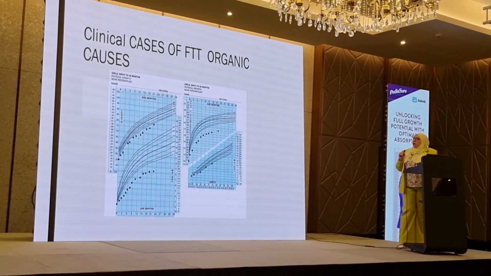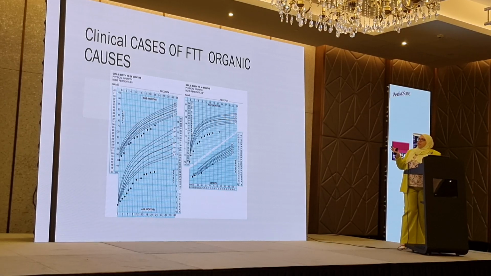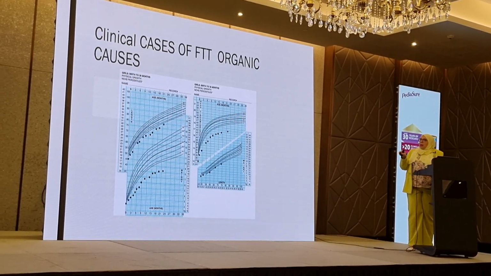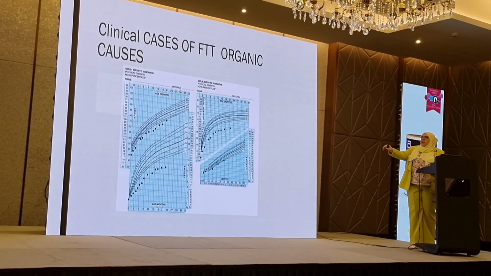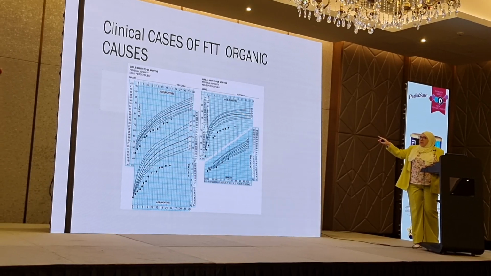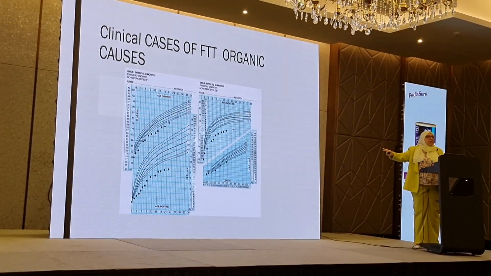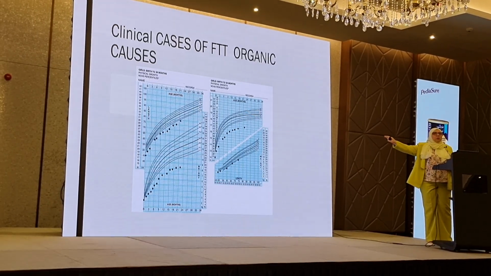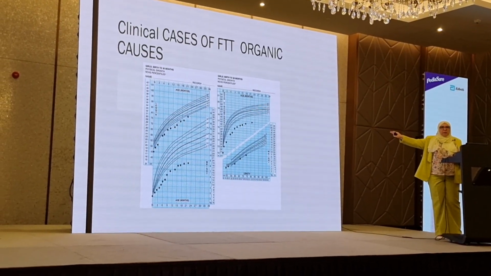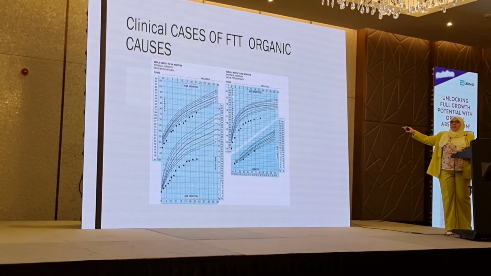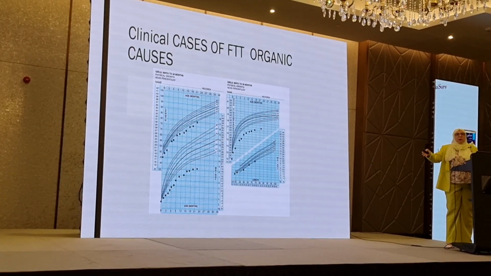For example, here, what you see is a growth chart of a child, a boy, and you look at the height, the weight, and the head circumference. What you see here is that since birth, this baby was below the third percentile.